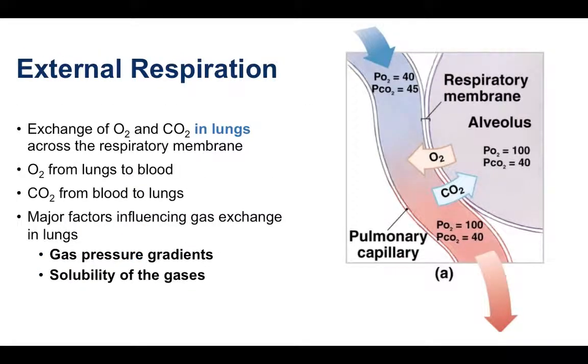So looking at external respiration. Remember, external respiration again is between the lungs and the blood. This is where oxygen is going to go from the lung into the blood, and where carbon dioxide is going to go from the blood into the lungs.